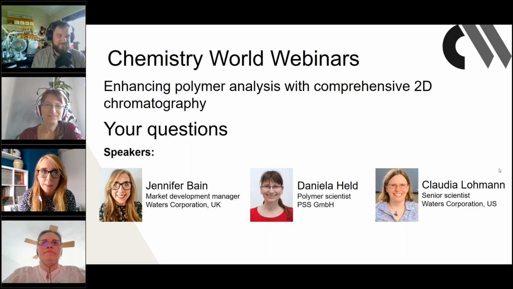So things like RI, because of the gradients that you would use in the first dimension when you're separating by chemistry, that is not compatible with RI. So largely we suggest either ELSD or PDA detection to go with 2D. Obviously that depends on your sample, so if it's not UV active, that'll have an impact on which detector you're using.